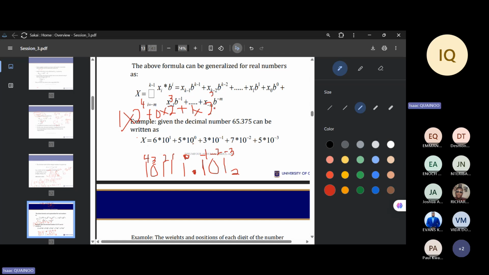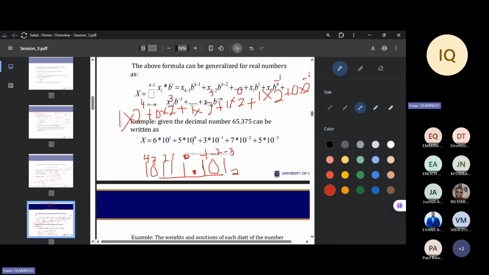So we have 1 times 2 raised to the power 2 plus 1 times 2 raised to the power 0 plus, then everything to the right takes a negative power, which is 1 times 2 raised to the power -1 plus 0 times 2 raised to the power -2 plus 1 times 2 raised to the power -3.